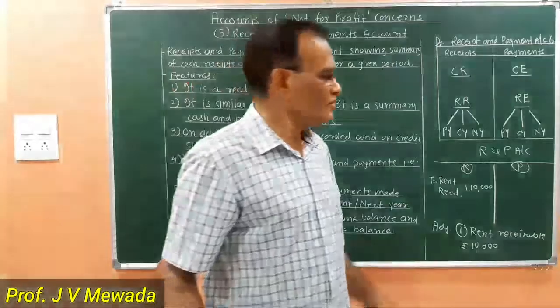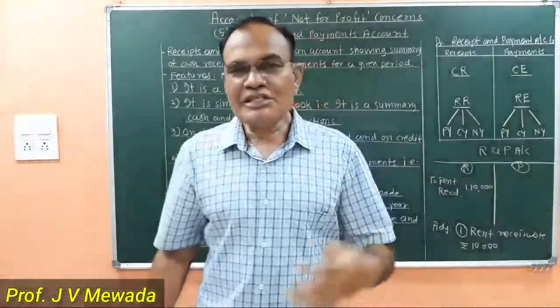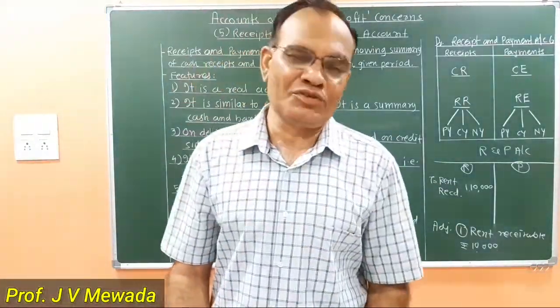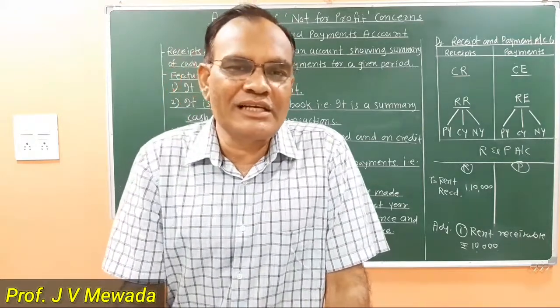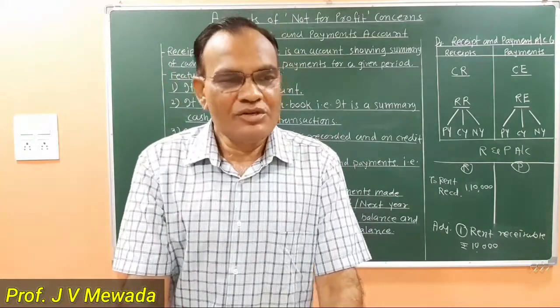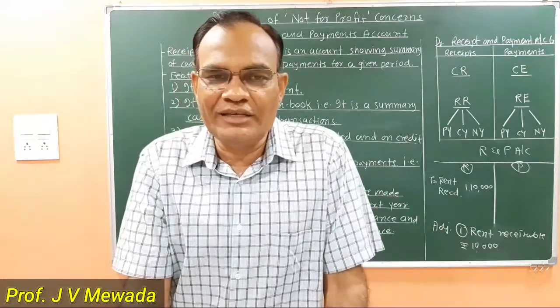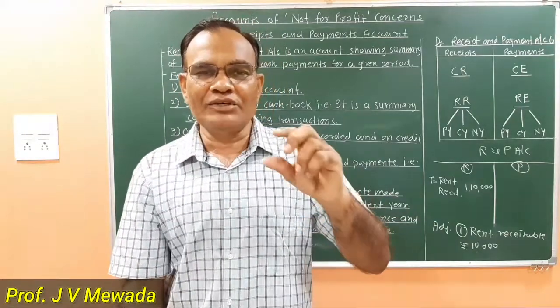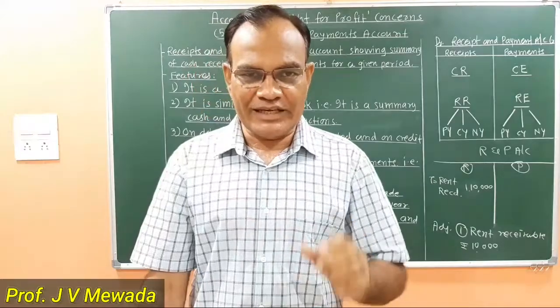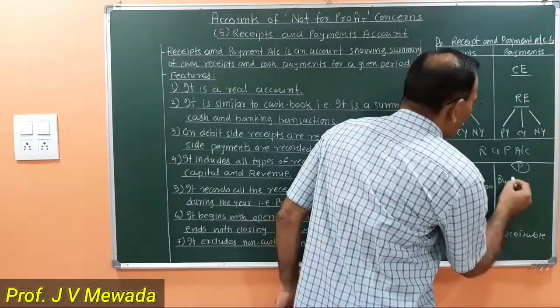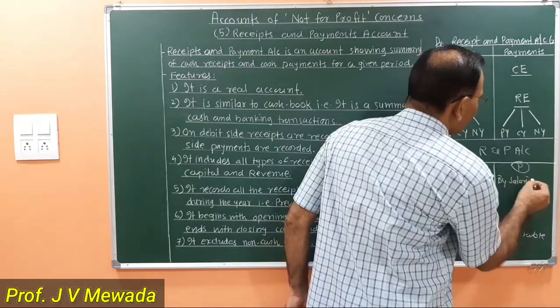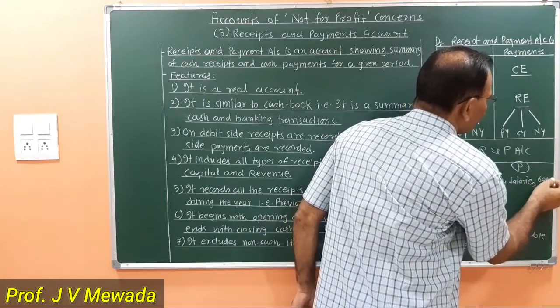Same way, on payment side, suppose I am paying salary rupees 5,000. So at the end of the year, what will be the total salary? 60,000. So every month I am passing an entry, but I am passing the total of all the salaries taken together. I will pass entry here on the credit side by salaries 60,000.